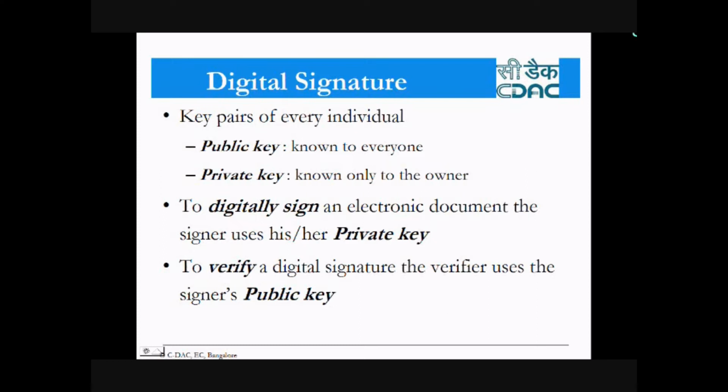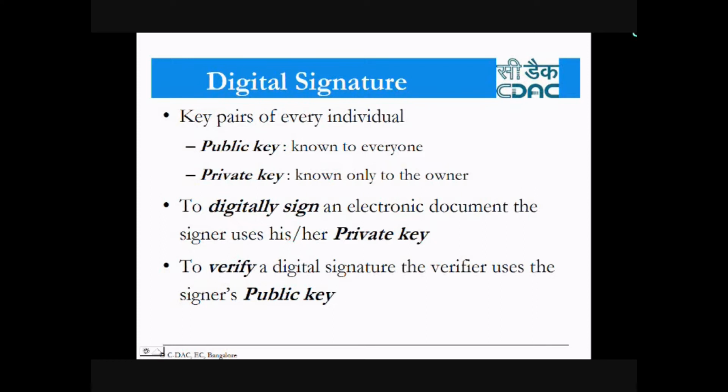The private key will be known only to the individual or only to the owner. So to digitally sign an electronic document, the signer will use his or her private key. This is the most important thing. To digitally sign an electronic document, the signer will be using his or her private key.